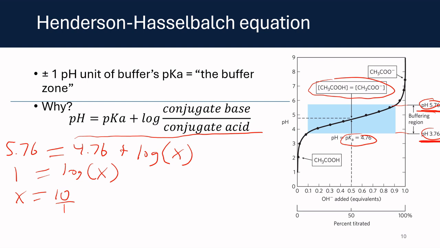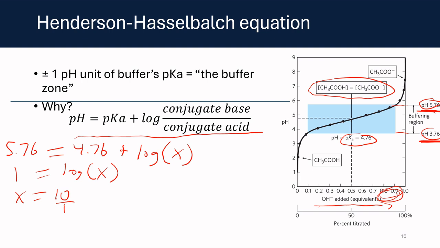And again, hit the brakes, do a reality check. Does this mesh with our overarching knowledge of acids and bases? We are in the part of the graph where we're almost fully titrated, okay? We've added in a lot of hydroxide.